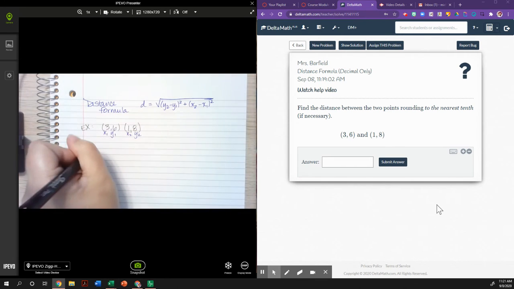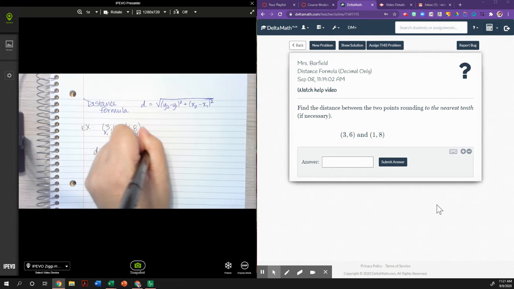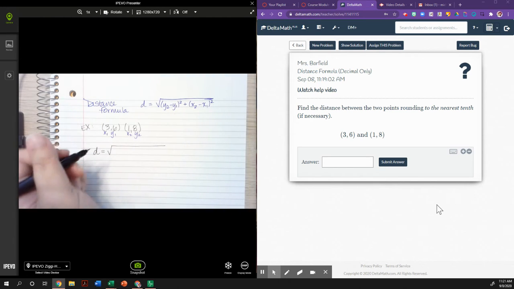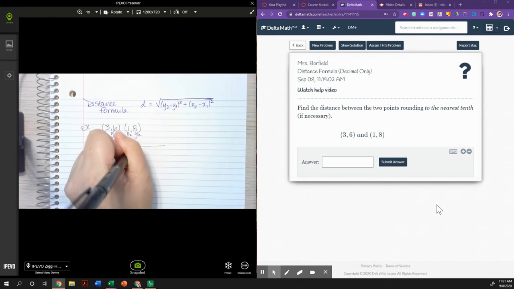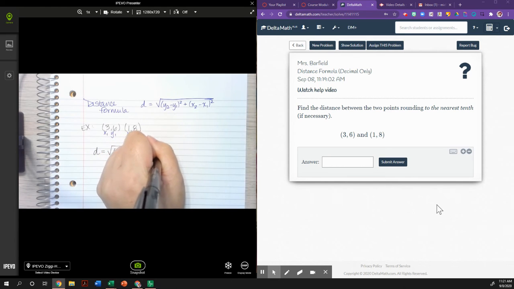Now I need to find the distance. The more you write this formula down, the more you will commit it to memory. The distance is the square root of y2 minus y1 squared plus x2 minus x1 squared.